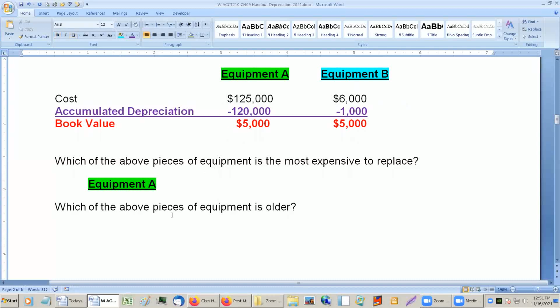This whole thing is almost depreciated. So equipment A is older and will probably need to be replaced sooner.